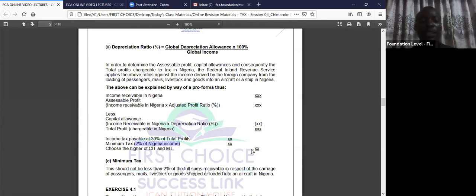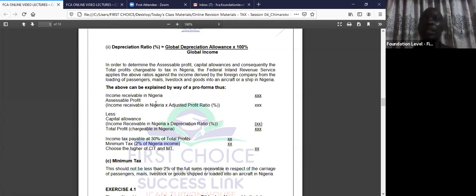So the minimum tax shows that your tax must not be less than 2% of Nigerian income. So anytime you calculate CIT, always calculate minimum tax. The minimum tax is the least tax that the company should pay, as long as it has income in Nigeria, not even assessable profit, as long as it has income.